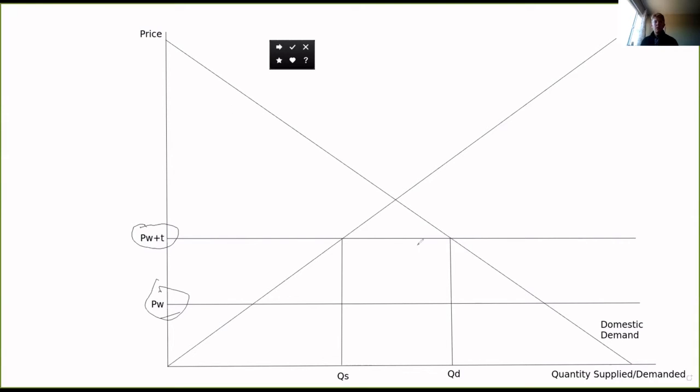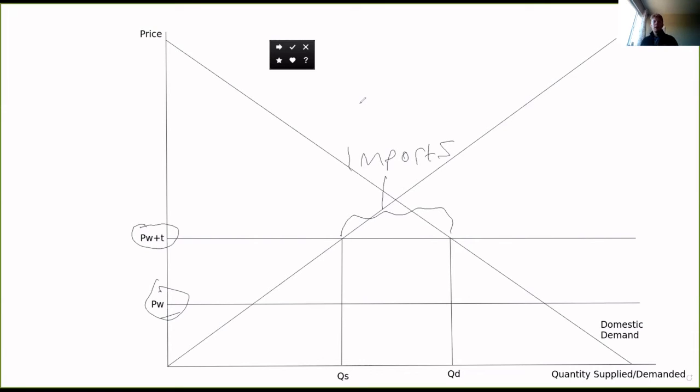Note that the amount of imports is the distance between QS and QD. QD is larger than QS, so if domestic suppliers aren't supplying as much as domestic demand, then the difference between QS and QD must be made up by imports.